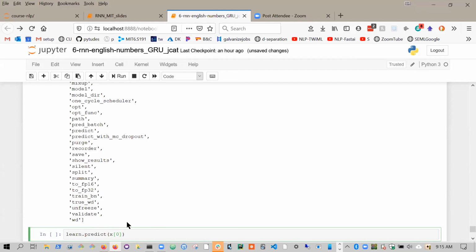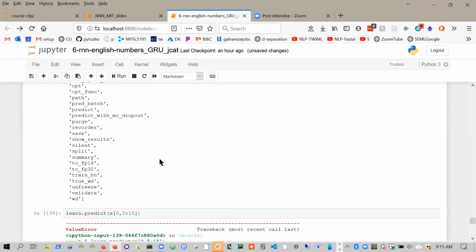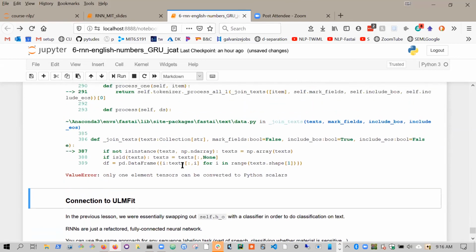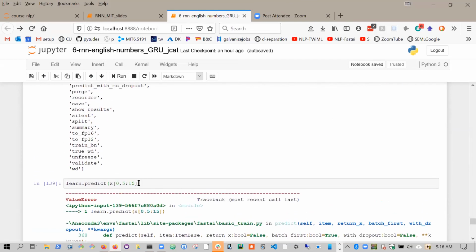So what if I took x of 0, 10? Oh, and it's 20. I think it's 64 by 20. So if I did x of 0, and then let's say 5 through 15. Let's see what it does. Oh, it doesn't like that. I'm not using the syntax correctly.